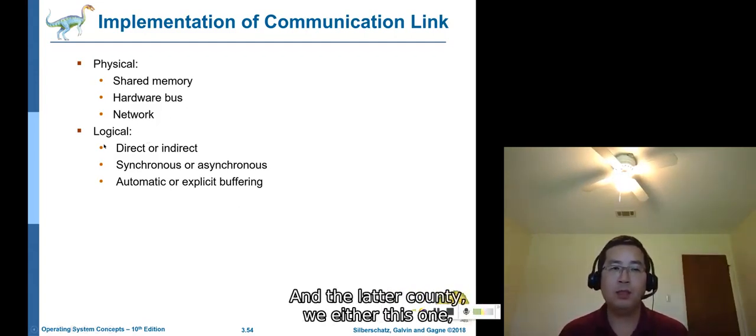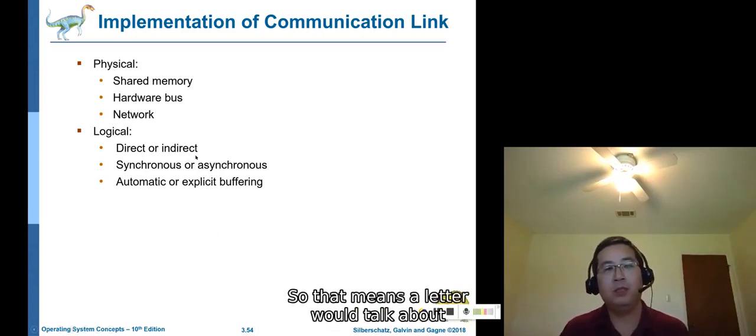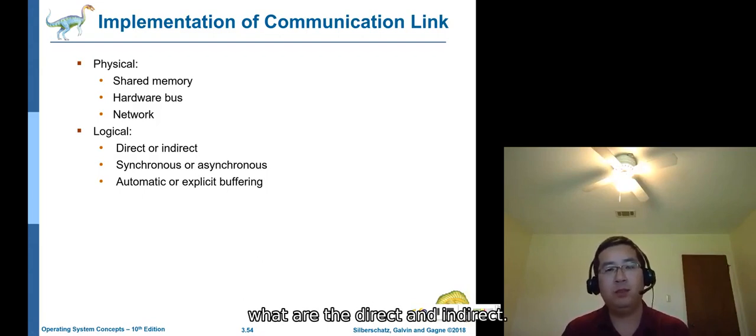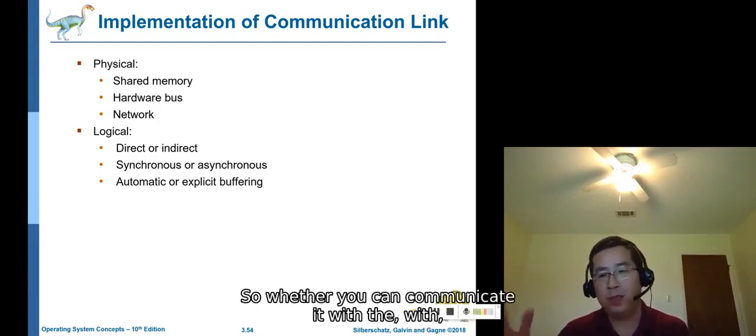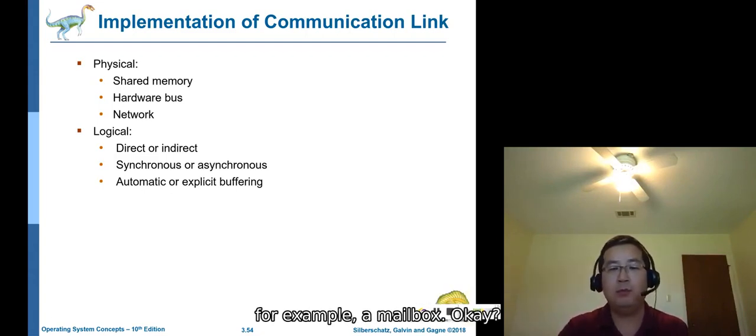And logically, we may have different options, direct or indirect. Later we'll talk about what is direct and indirect. That means whether you can communicate with the receiver, or the sender, directly, or you need to use some other thing, for example, a mailbox.